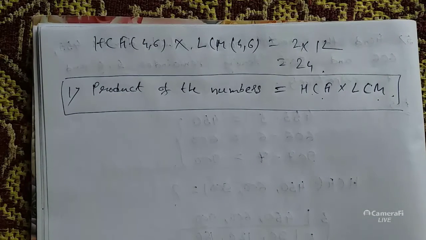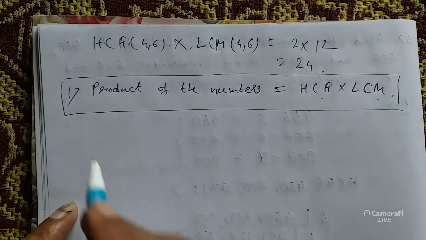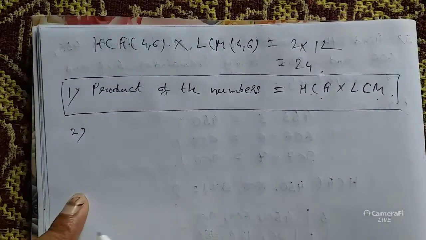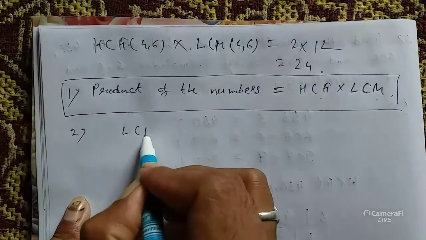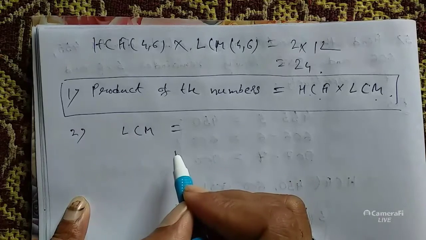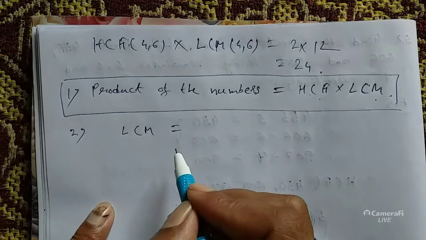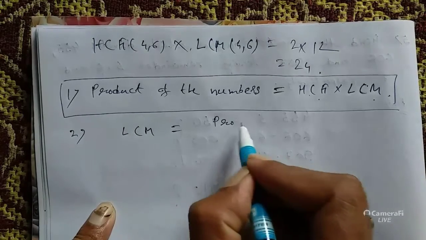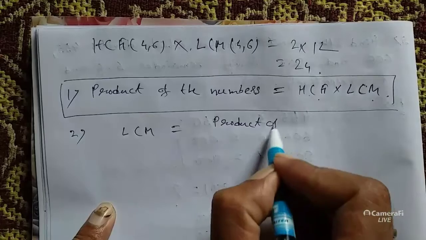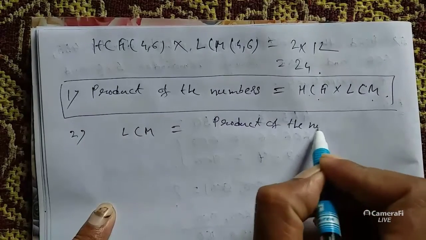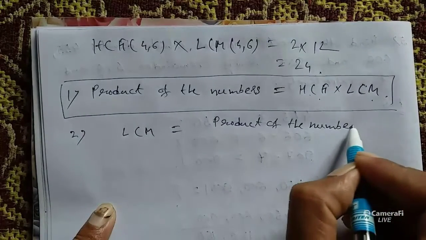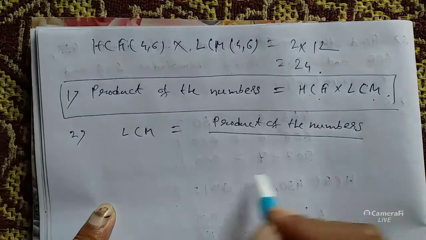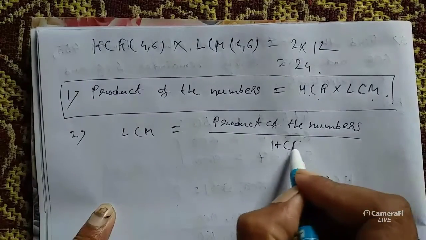With this formula we can find other formulas for two numbers. Suppose we have to find the LCM whenever the product and the HCF are given. We can find the LCM by the product of the numbers divided by the HCF.